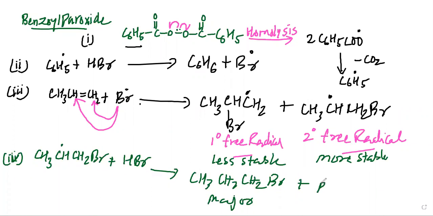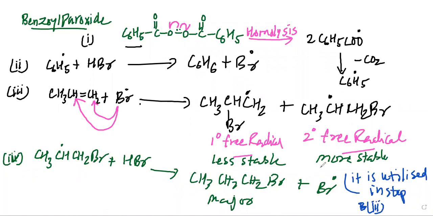And my dear students, we get Br free radicals. These Br free radicals can be utilized again in the third step. So this is how, my dear students, we study about the mechanism of anti-Markovnikov or Kharasch effect.